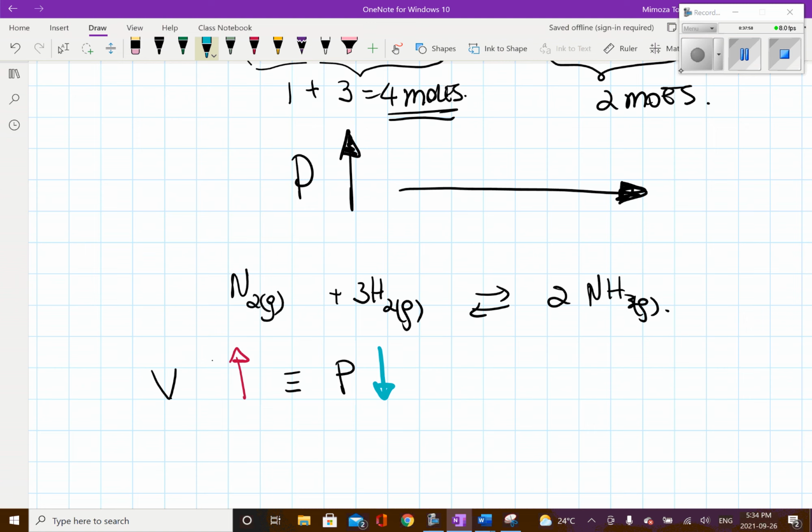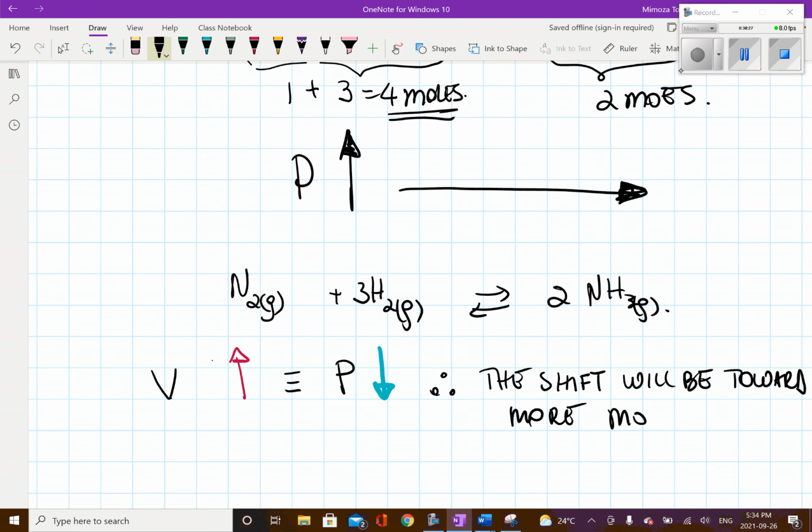If volume is increased, pressure is decreased. And therefore, the shift will be toward more moles, which in this case, with the system in equilibrium, is the reactant side.